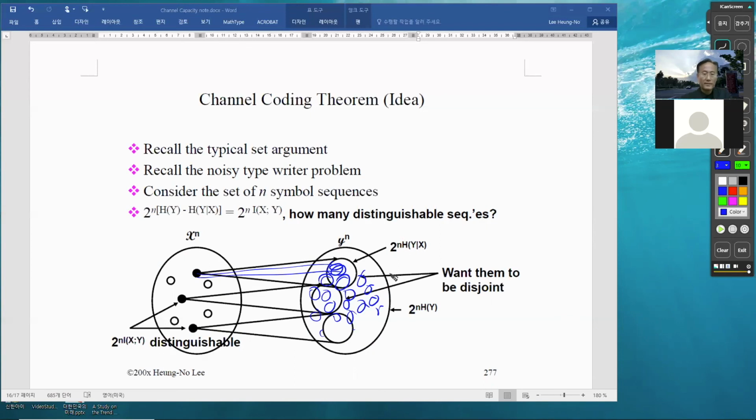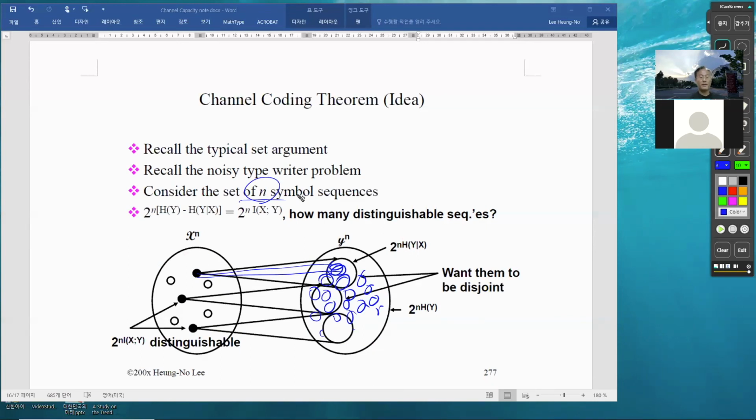Okay, so that's the key idea of the channel coding theorem. It uses the typical set argument, and we can utilize the intuition that we developed in the noisy typewriter problem. And we know the consequence of selecting large n, right?